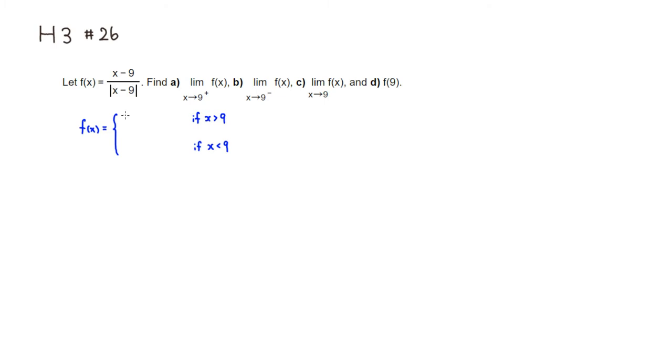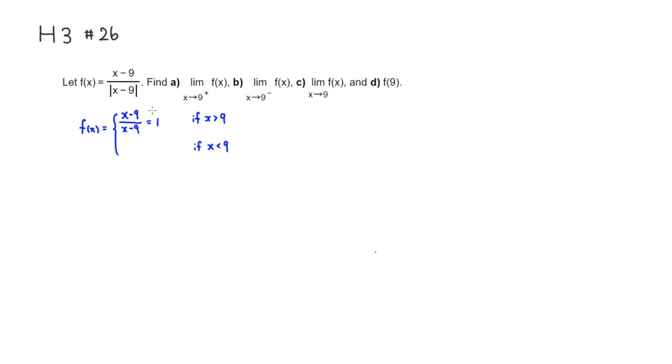So you can just remove the absolute value sign and we have x minus 9 over x minus 9. If you divide the same thing by itself, this is just 1.